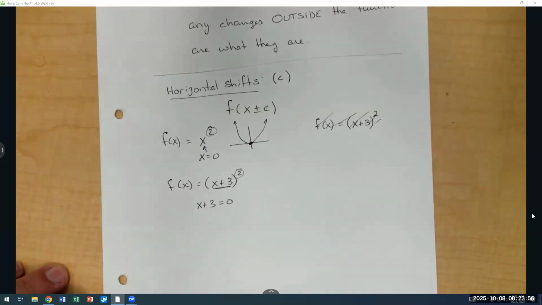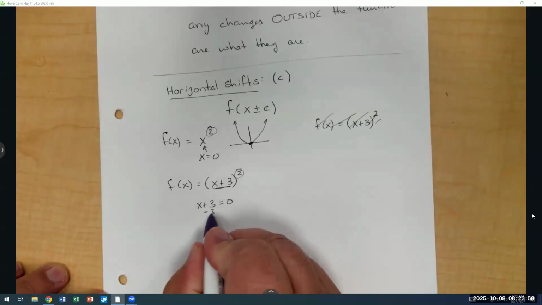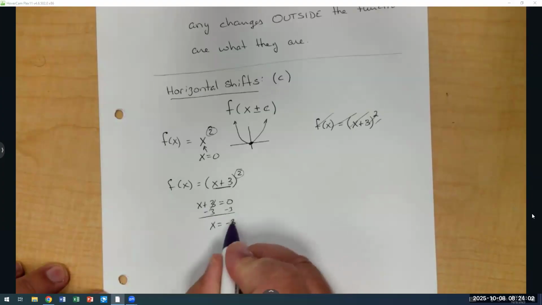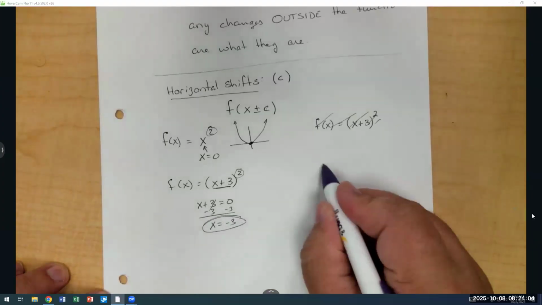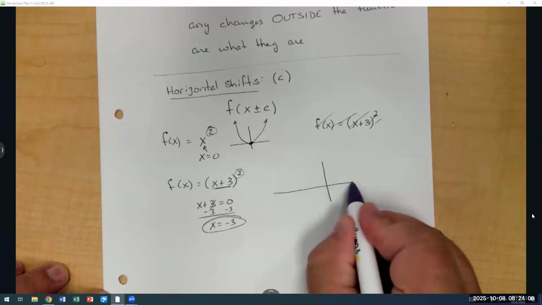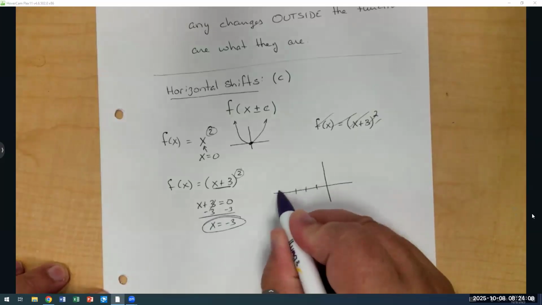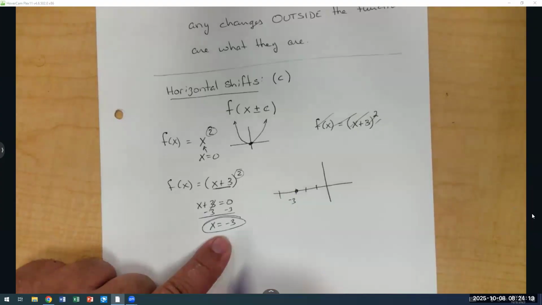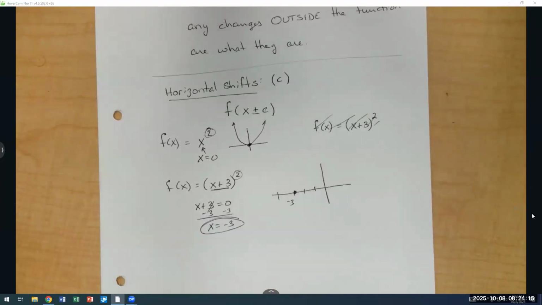What do you get? -3. Yeah, you subtract 3 from both sides. So x equals -3. This is my new beginning point. It's my new origin.